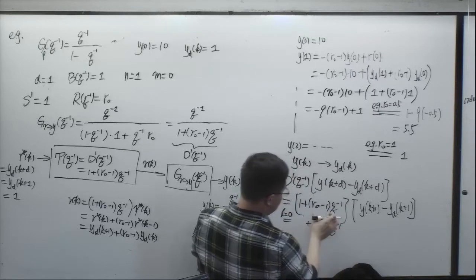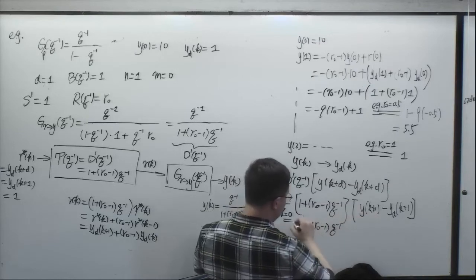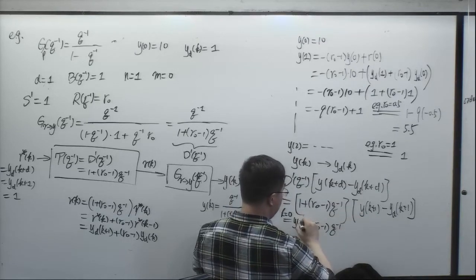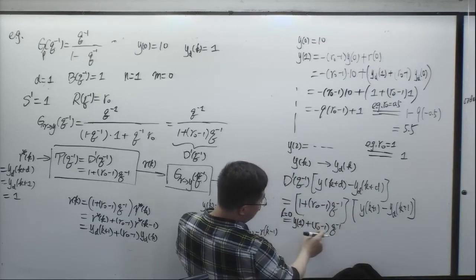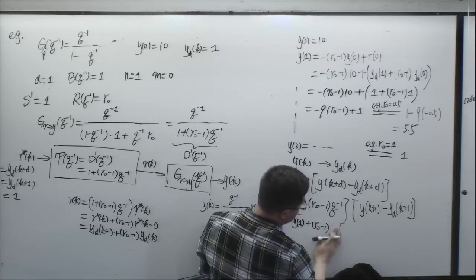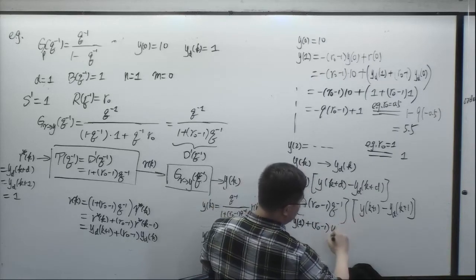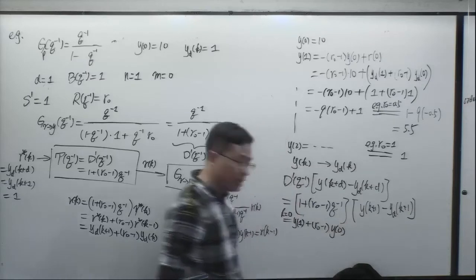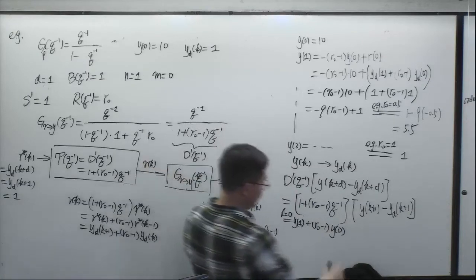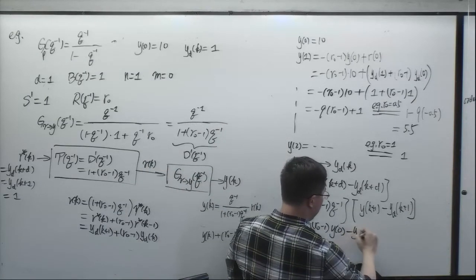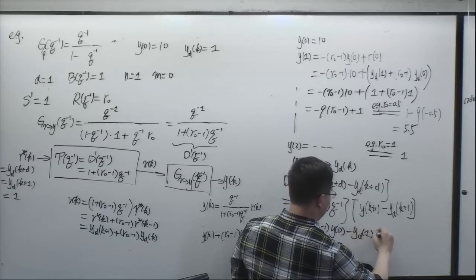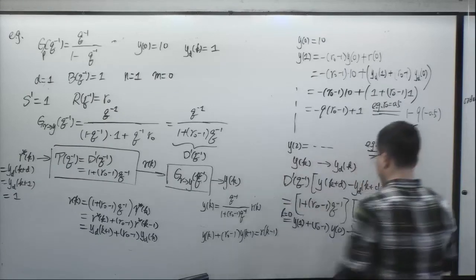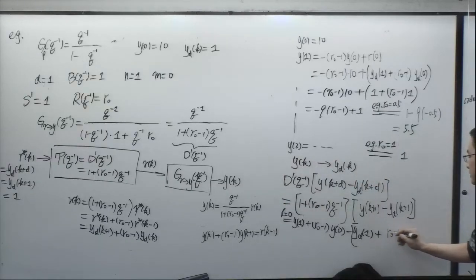So this multiplied with YK first is going to become Y1 plus R0 minus 1 Y0 because of this delay operator, minus YD1 plus R0 minus 1 YD0.